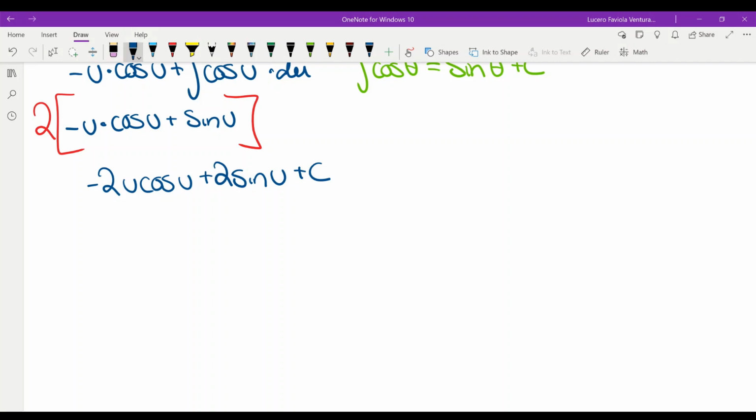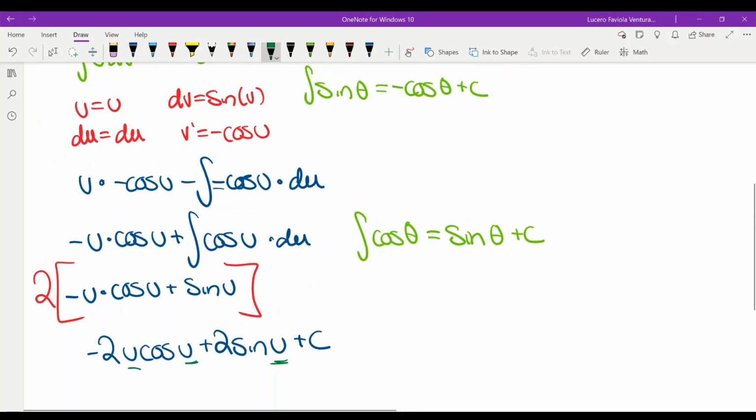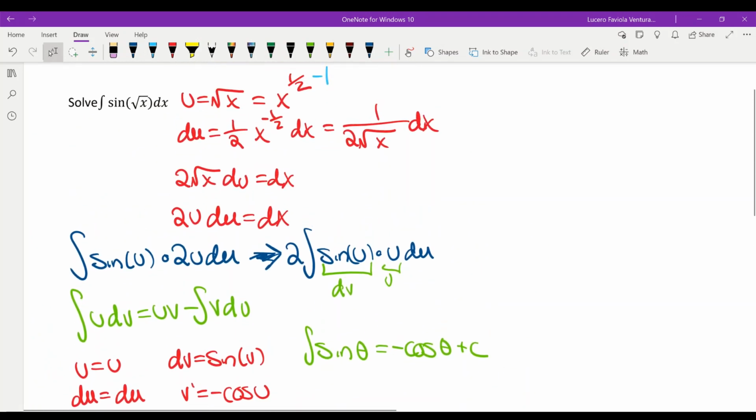However, we originally had a u substitution here, here, and here. So now we need to go back up here and plug in our u, which was originally the square root of x.